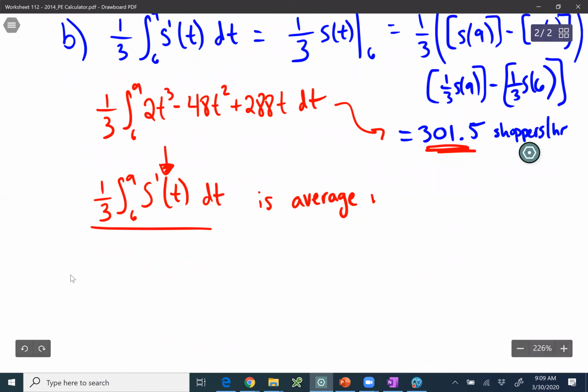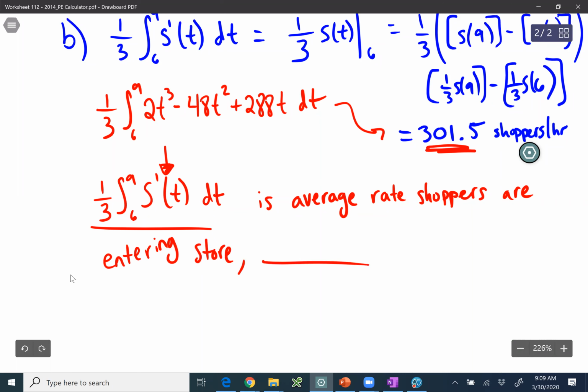So it's the average rate shoppers are entering the store. And we always need units. Now, the rate shoppers are entering needs a per time. So it's in shoppers per hour.